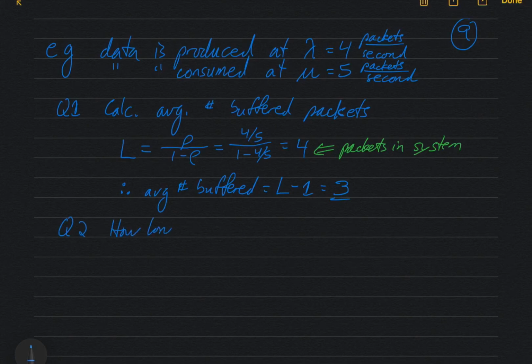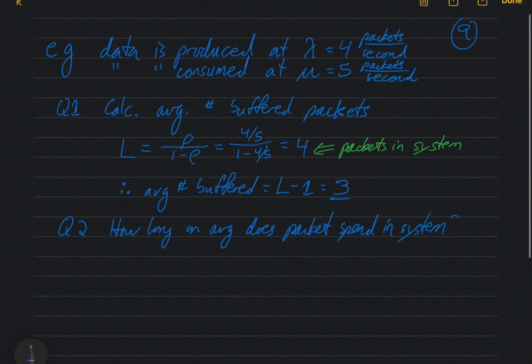How long on average does a packet spend in the system? So it's produced, how long until it's done being consumed? And for that we need W, which is kind of like the wait time, I guess. And the equation for that was 1 over mu, which is the service rate, over 1 minus rho, the load factor.